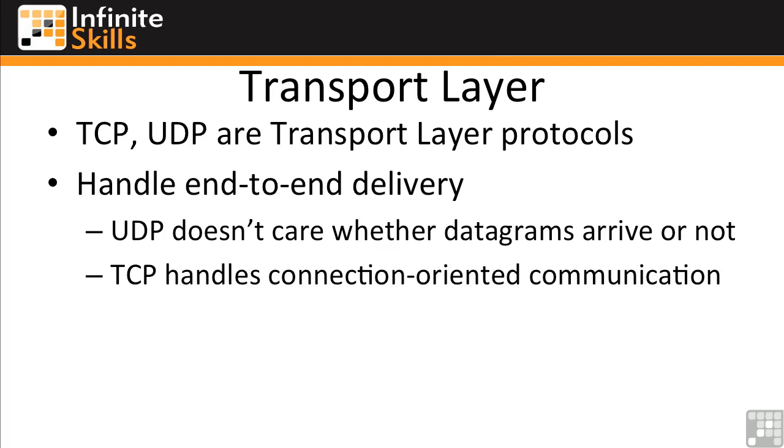UDP doesn't actually care whether datagrams arrive or not. As a result, you'll hear UDP referred to as an unreliable protocol, and TCP handles connection-oriented communication. By that, I mean TCP guarantees delivery, and it also makes sure that there's somebody on the other end to receive it. So there are reasons for having these two different protocols.